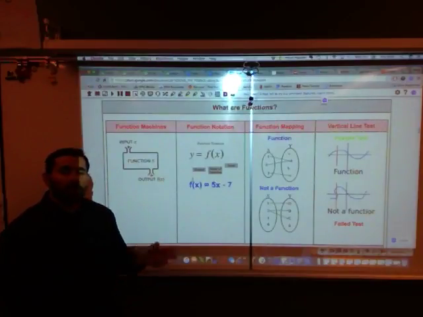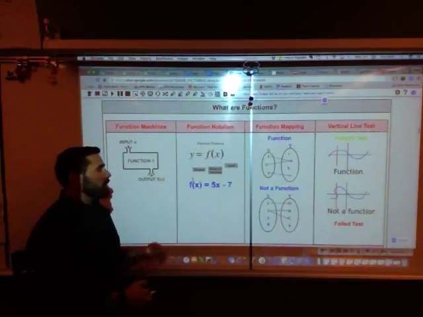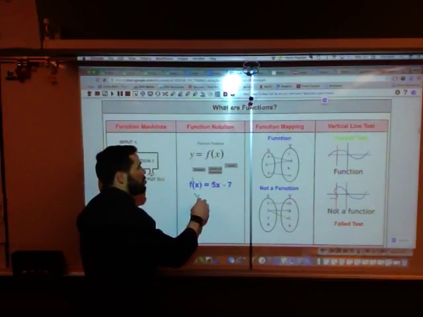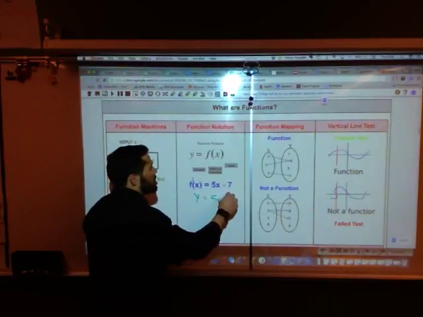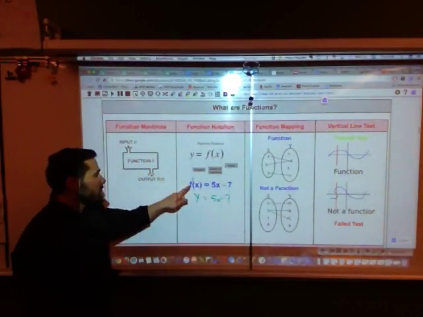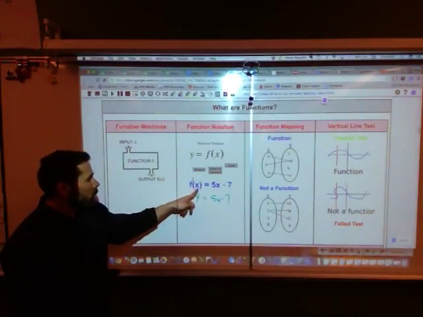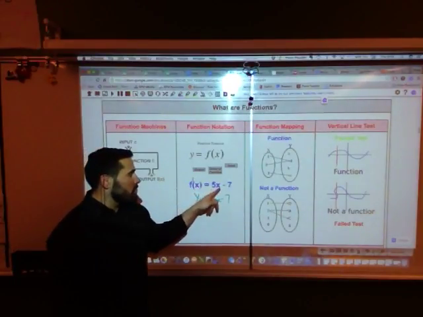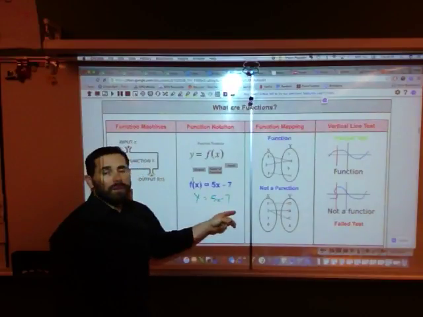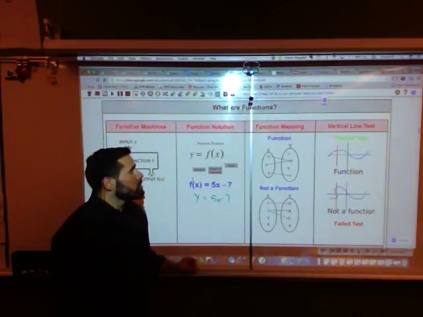It's just a different way to notate it and say it. So I could read this as y equals 5x minus 7, because f of x is just a fancy way of saying y.